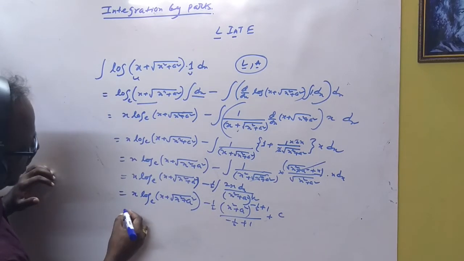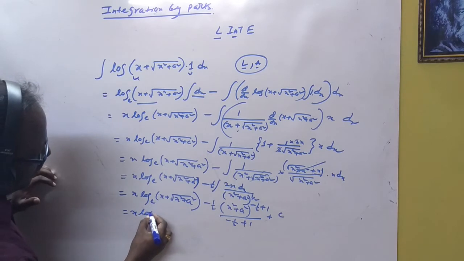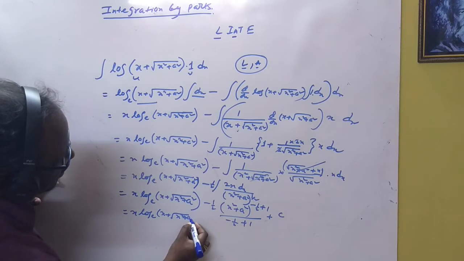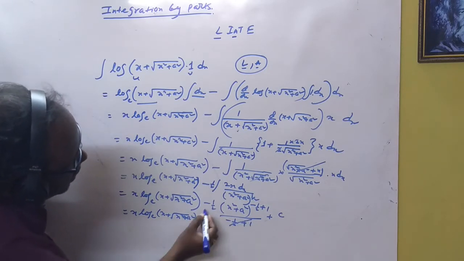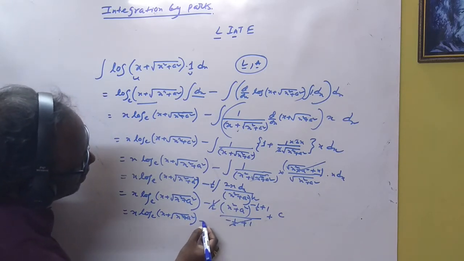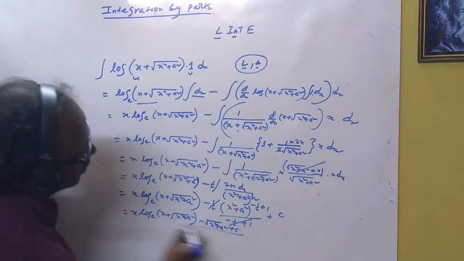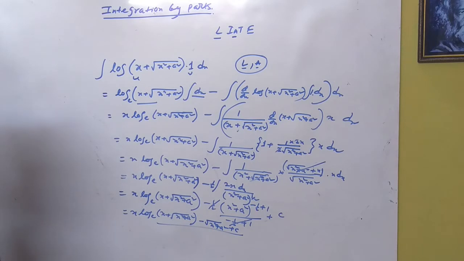So we get the answer: x into log to the base e of x plus root over x square plus a square, and half and half are cancelled, and minus root over x square plus a square plus c. This is the answer. This is an example of that.